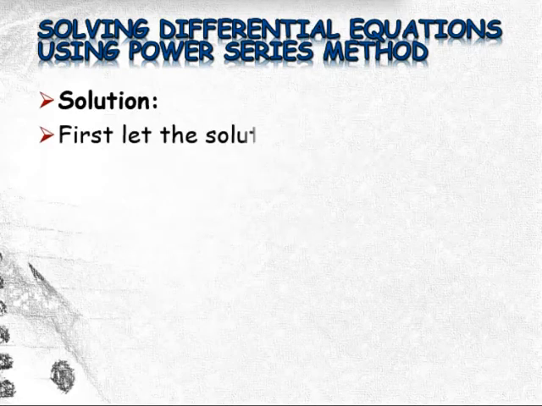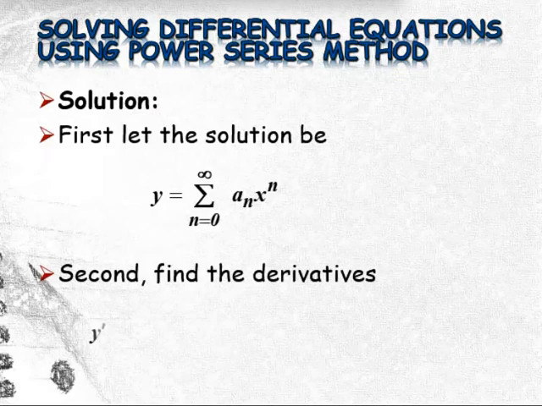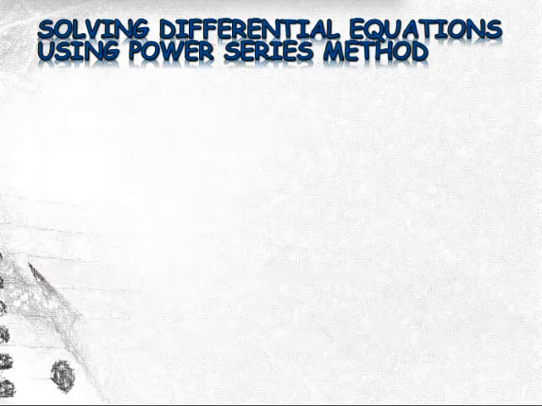So for our solution, since this is a second order differential equation, we need to substitute the power series and its second derivative. So we start again with the assumed solution and then get the first derivative and then the second derivative. So substitute y and y double prime to the differential equation.